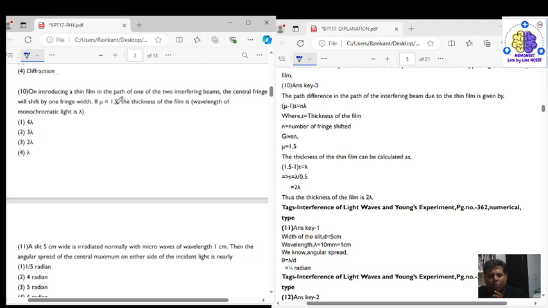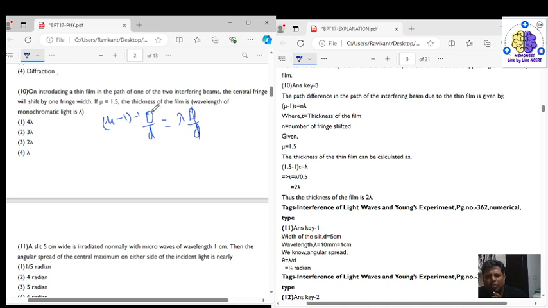If mu is equal to 1.5, then the thickness of the film is... The shift is given by the formula (mu minus 1) t D by d, right? Here they say the shift equals one fringe width, which is given by lambda D by d, right?